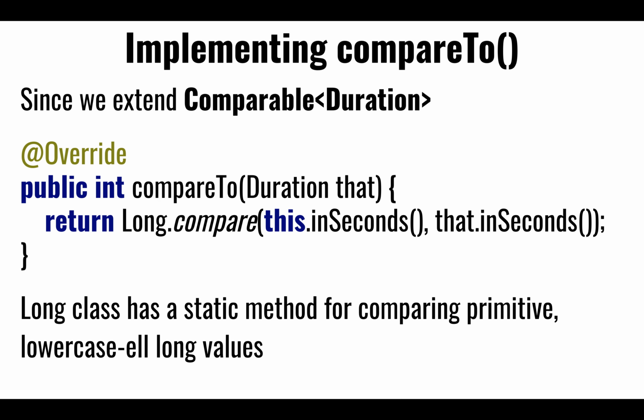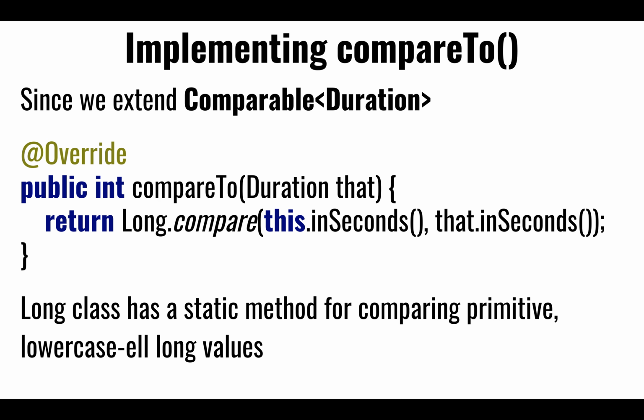Since we are extending Comparable, we need to be able to compare them, and there are certain functions we need to implement to let Java know how to compare two durations.